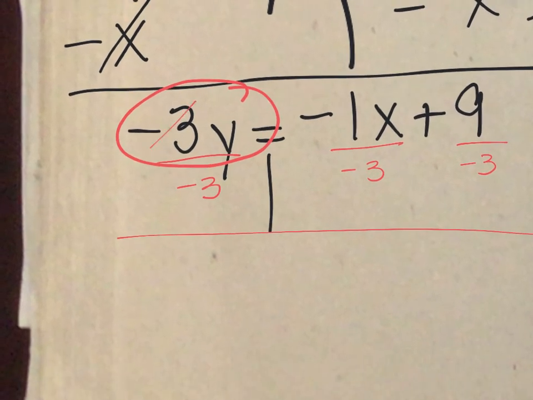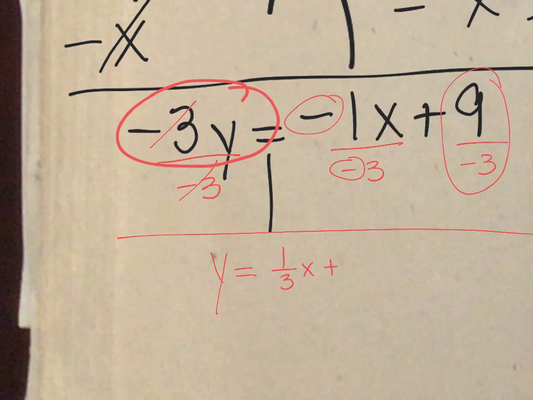So these cancel out, leaving me with y equals, this negative divided by that negative becomes a, what fraction do you see there? Jackson? 1, so I'm going to write that as 1/3 x plus, what is 9 divided by -3? This is now in function form.